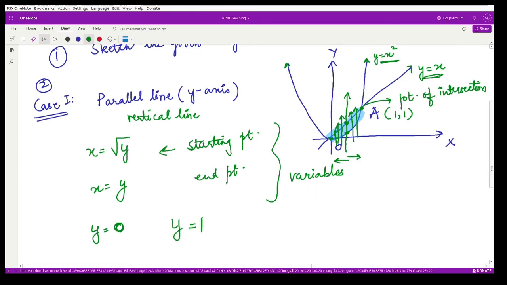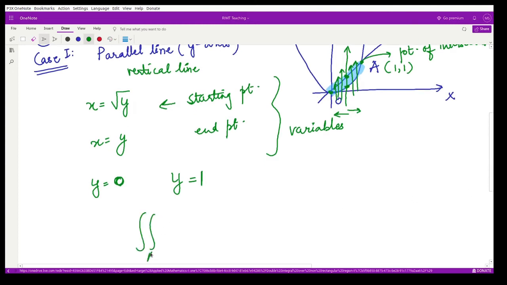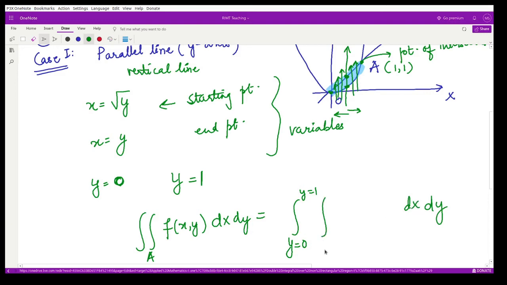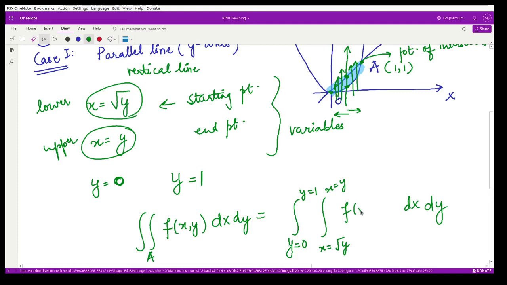So basically, in this case, your double integration over the given region of the function f of x, y dx dy becomes equal to: first of all, we'll write the limits of y because they are the constant limits, and then we'll write the limits of x. So x is equal to square root y is the starting point, so this would be the lower limit, and x is equal to y would be the upper limit, with the given function f of x, y. So this is how you compute the limits.